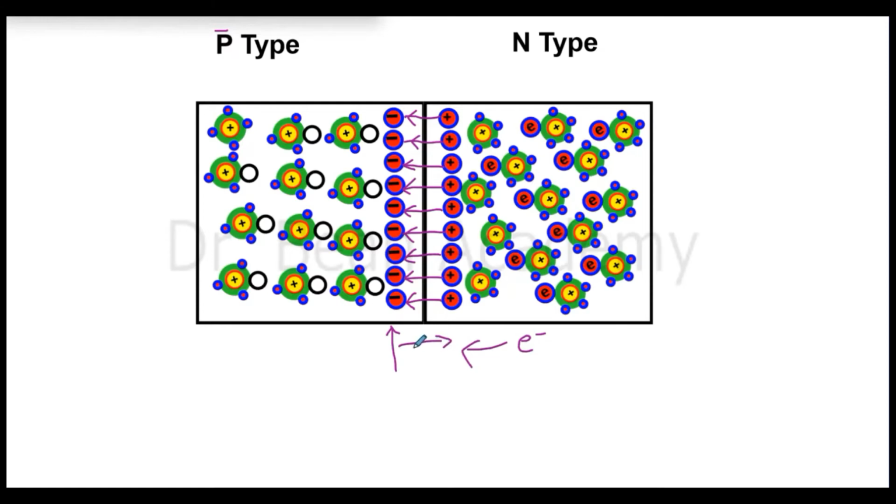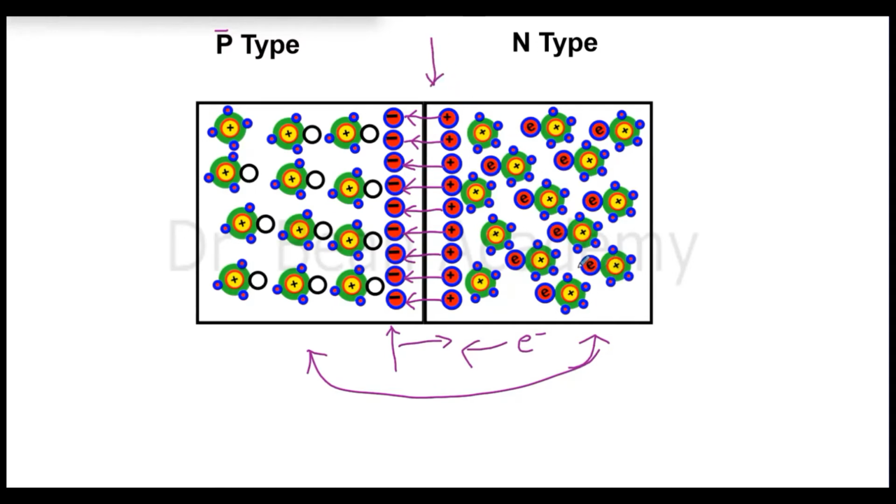Of course, because of that fundamental repulsion between the same charges. So slowly the diffusion will decrease, and at one point it will just stop. So now the electrons are trapped in this region of the n-type, because they cannot make it through to the p-type because of this electric field set up in the middle.